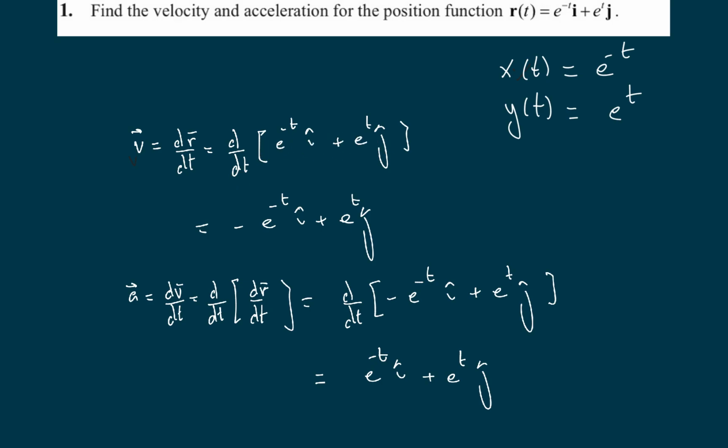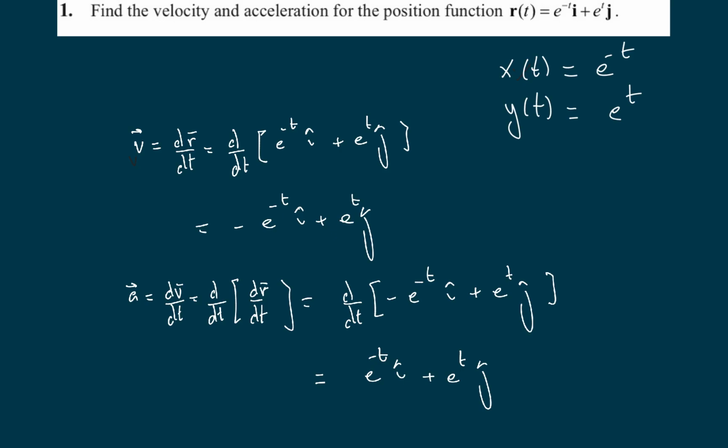The vector position is e to the minus t i plus e raised to the power t j. This is a function that depends on t, and we need to take the derivative. The derivative of e to the minus t is minus e to the minus t. The derivative of e to the t is easy, it is e to the t.